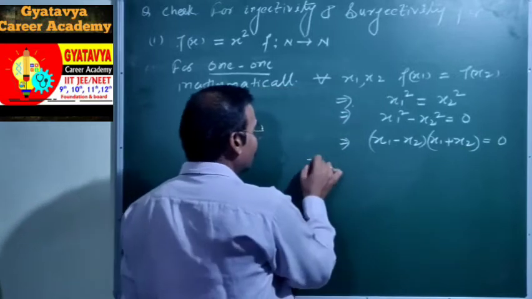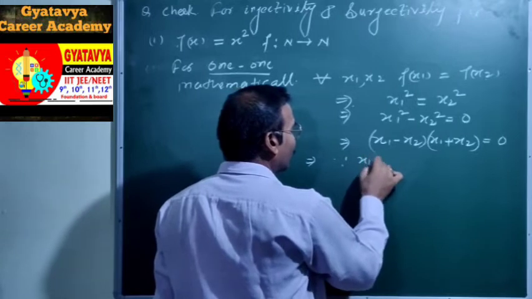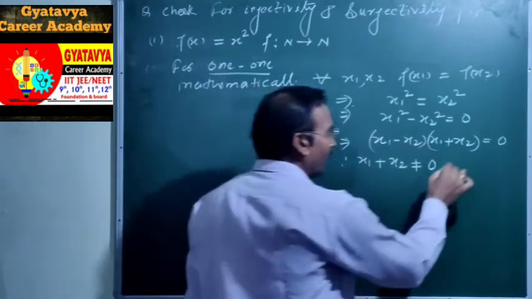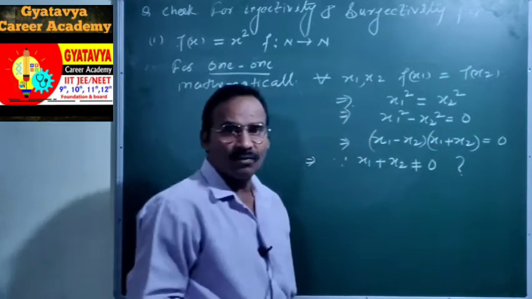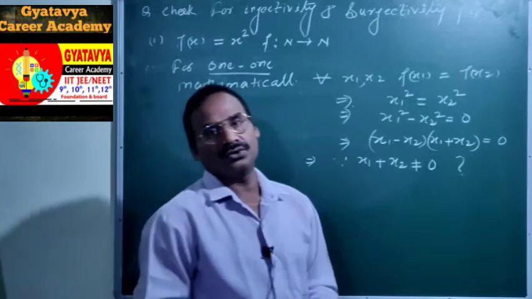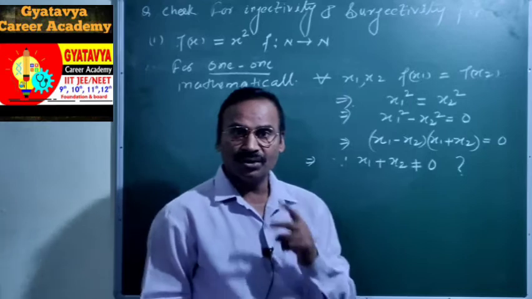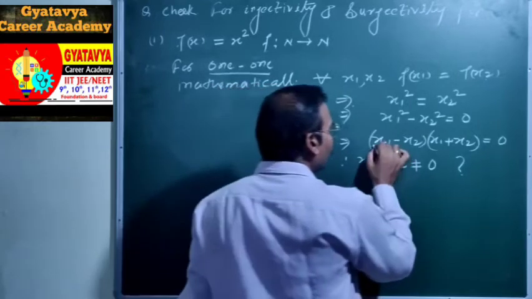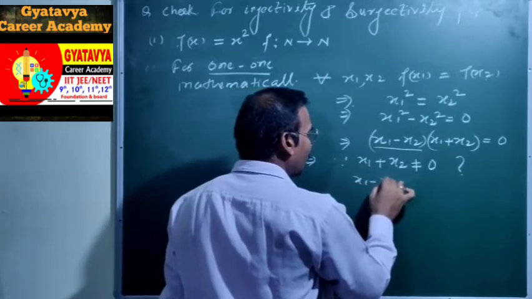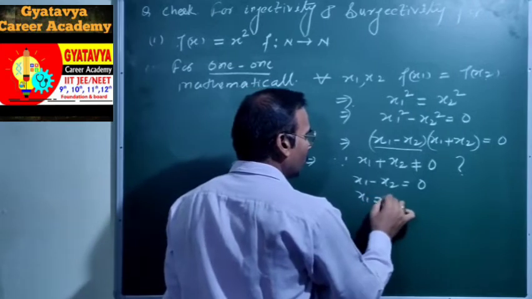So let us consider this factor. Since x1 plus x2 cannot be equal to 0, why? Because the sum of two natural numbers can never be equal to 0. So 100% x1 minus x2 equals 0, so x1 equal to x2.